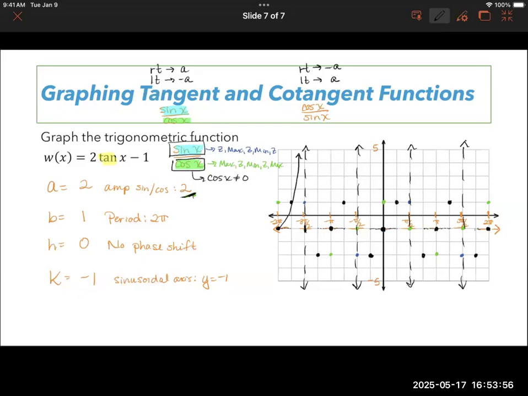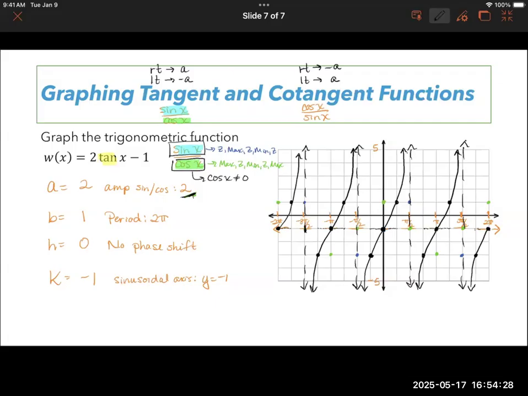Then here where we have a full section, we're going to come up, hit the points, do a little bit of a curve, and make it look like that. Again, it's a little bit like a cubic. It's not entirely cubic in that it can't go as wide as you want it to. It does have to stay inside of those asymptotes, but it has kind of that shelf look to it, which we relate to cubic graphs.